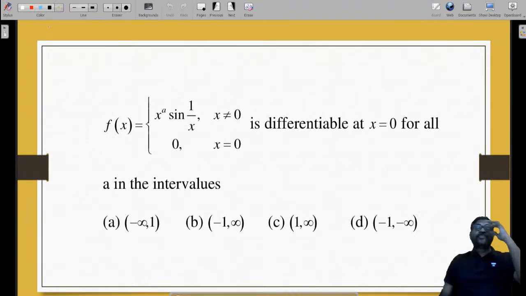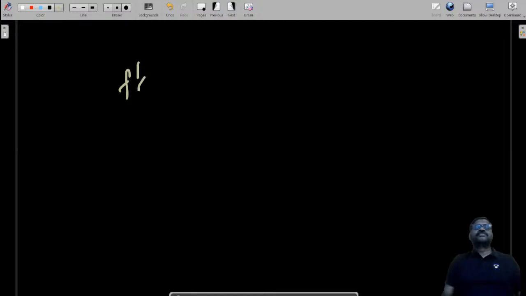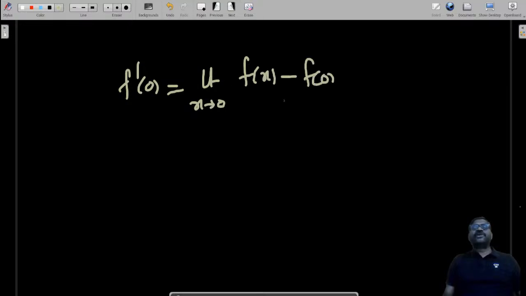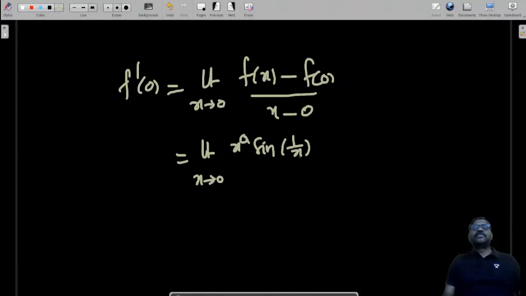f of x is x power a sin 1 by x when x not equal to 0, which is 0 when x equal to 0. Now observe, f dash of 0 is limit x tends to 0, f of x minus f of 0 by x minus 0. That is, limit x tends to 0, x power a into sin 1 by x, f of 0 is 0, by x.